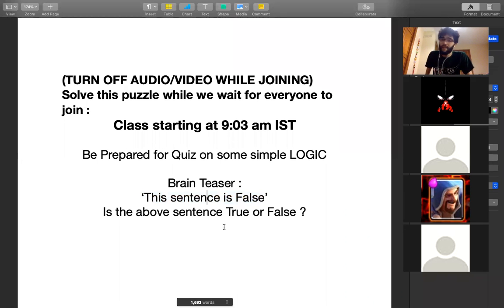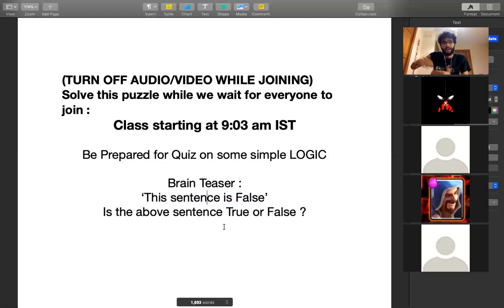It's one of the very famous paradoxes, and we'll talk more about them later on in the discussion if people are interested. So why this doesn't have a valid answer is, suppose the statement is actually true. Then it would mean that it is false, because the statement itself is saying that it is false. But if the statement is actually false, then it would be true because it is saying that it is false.